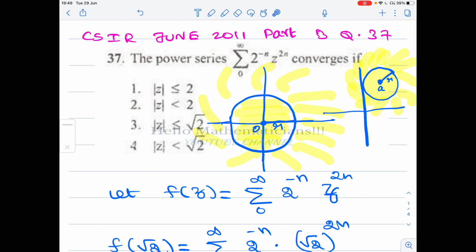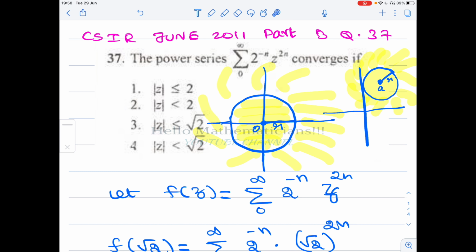If the point root 2 is inside this circle, then the power series should be convergent at that point, because this length is the radius of convergence and this is the circle drawn around 0 with that radius. Any point inside, the power series will converge.